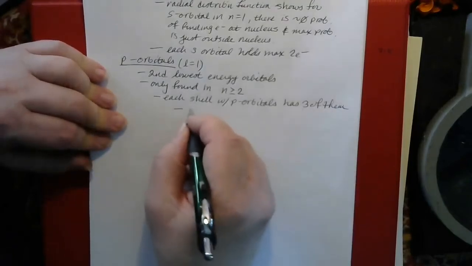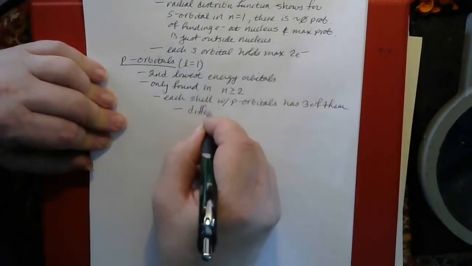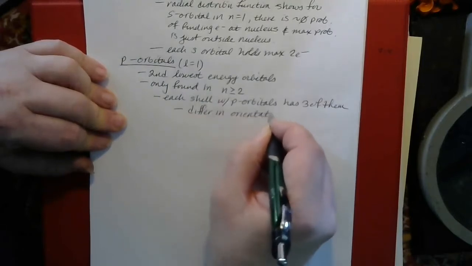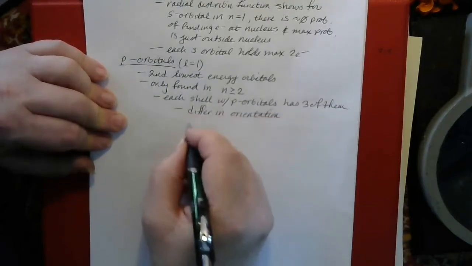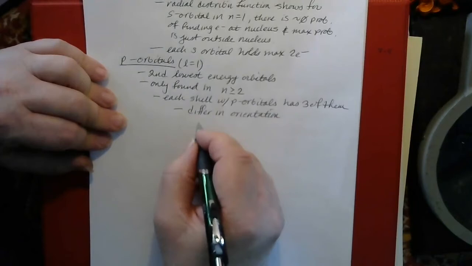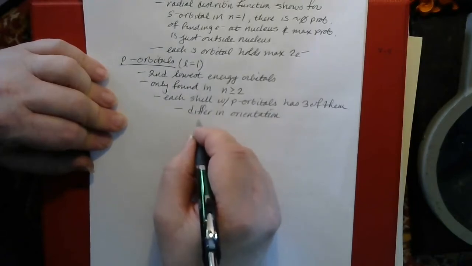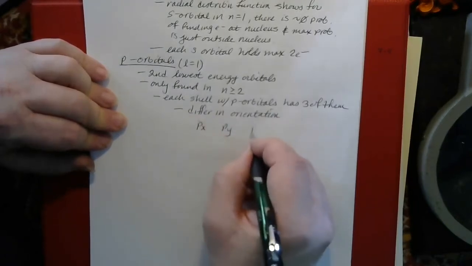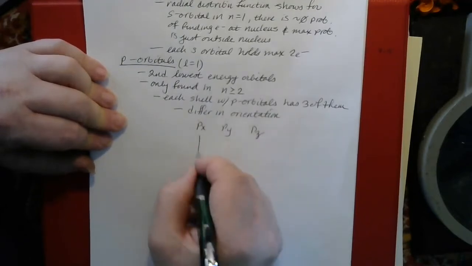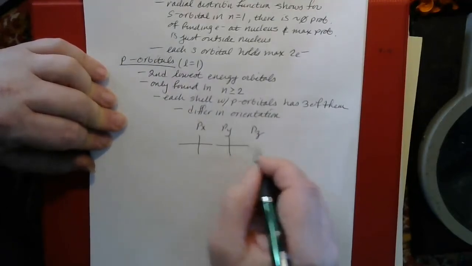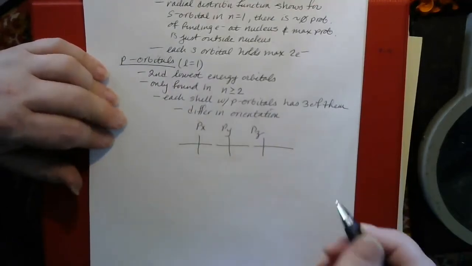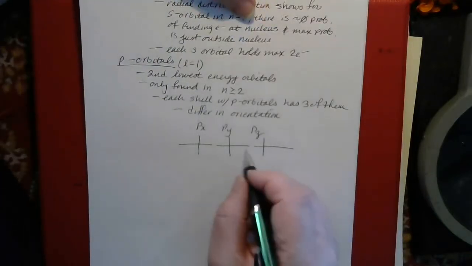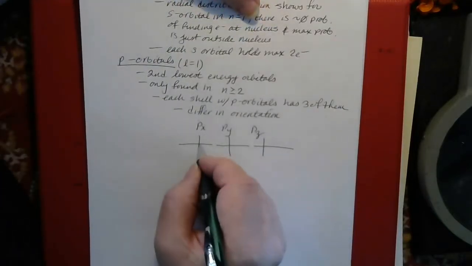And they differ in orientation. And the names that they're often given are px, py, and pz. To see what they look like, they're kind of dumbbell shaped, and you can draw the 3 axes, x, y, and z.